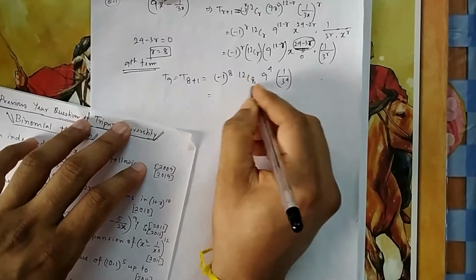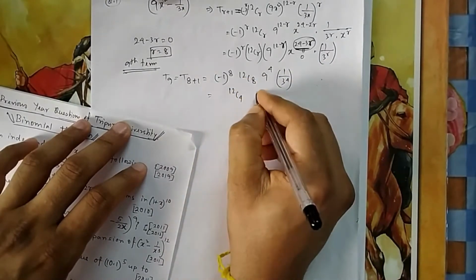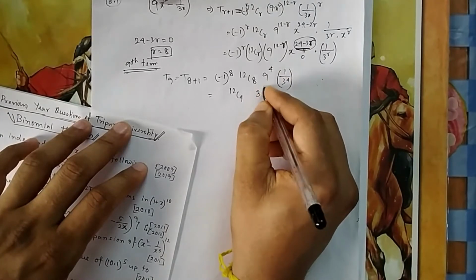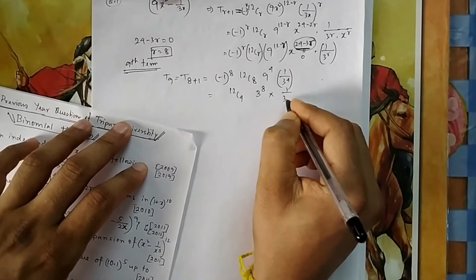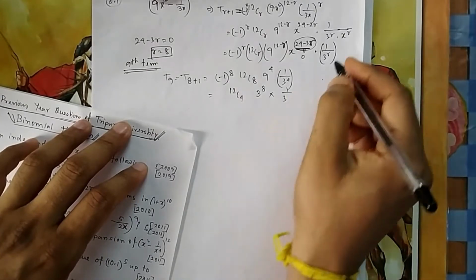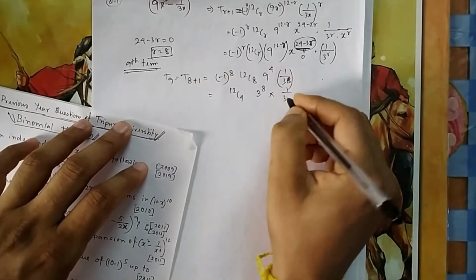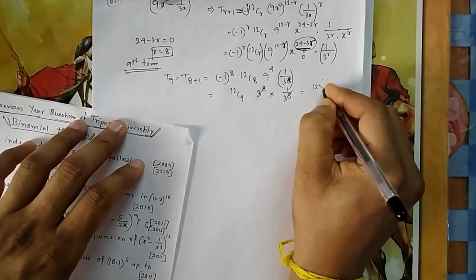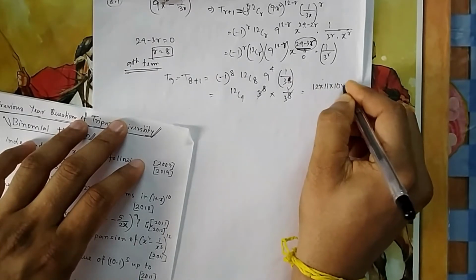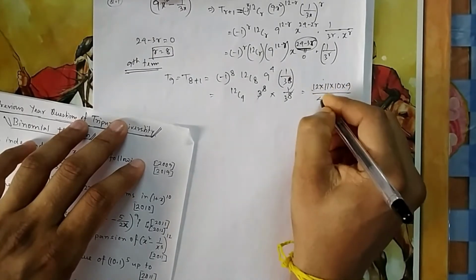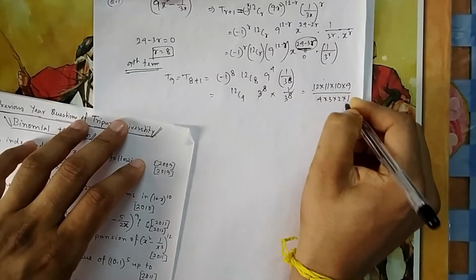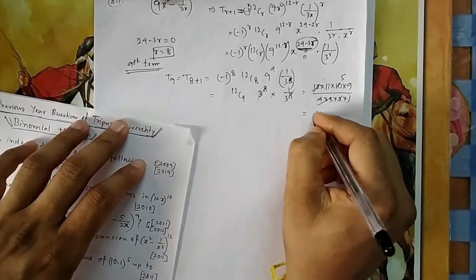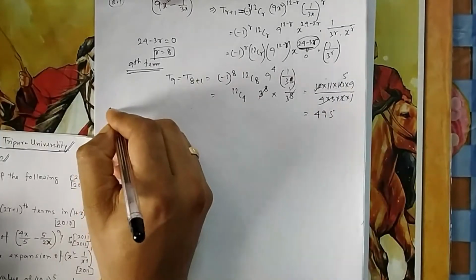So it will be 12C8, which we can write as 12C4, and 9 we can write as 3 square, power above power, so 2 times 4 it will be 8, and it is 3 to the power 4. So 3 to the power 8 over 3 to the power 8 gets cancelled, so it is only 12C4. So 12C4 you will write 12, 11, 10, 9 divided by 4, 3, 2, 1. If you do this, you will get the answer 495.